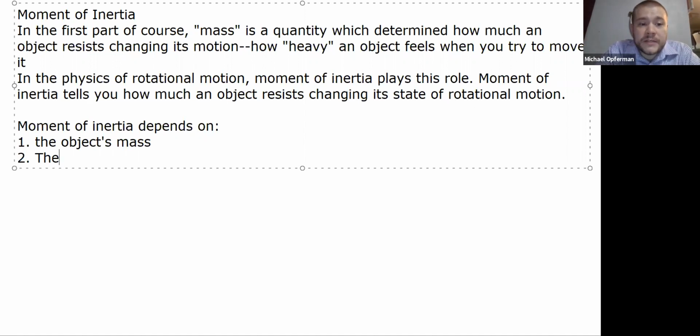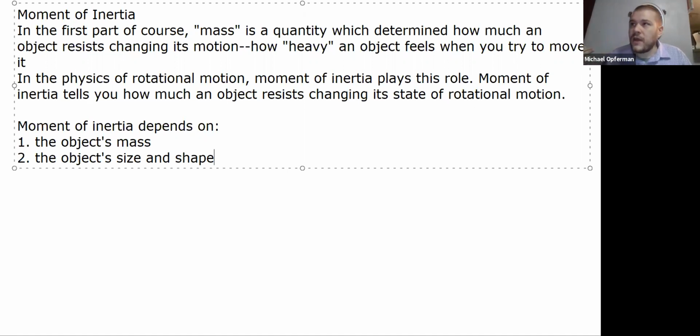The object's size and shape also factor into the moment of inertia. If you take two objects with exactly the same mass but different shapes, like one long rod and one rod that has exactly the same mass but is short and stout, they'll have a different moment of inertia when you try to rotate them.